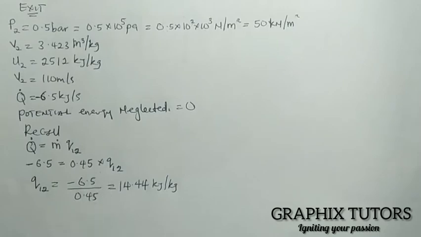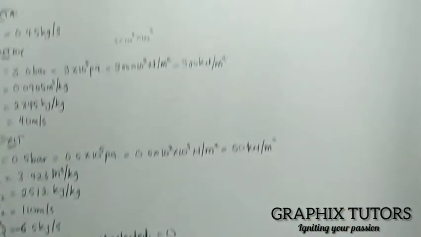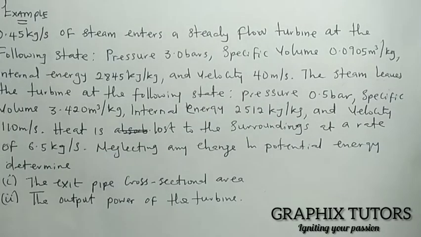The first thing we should do here is to calculate the exit pipe cross-sectional area.